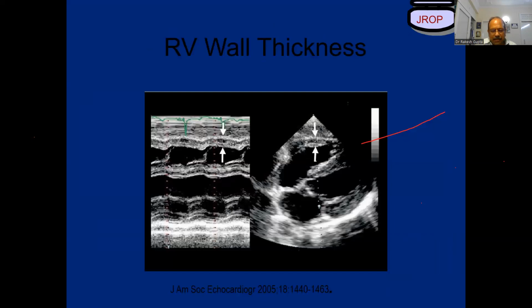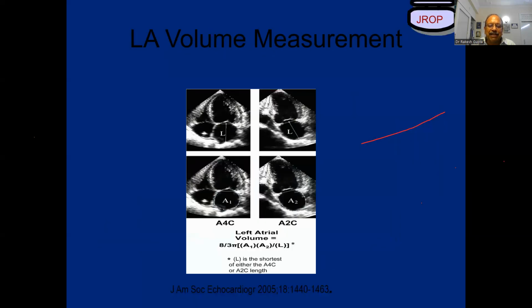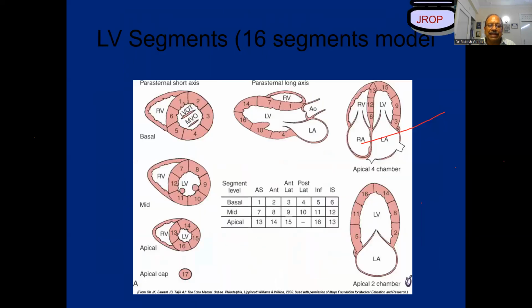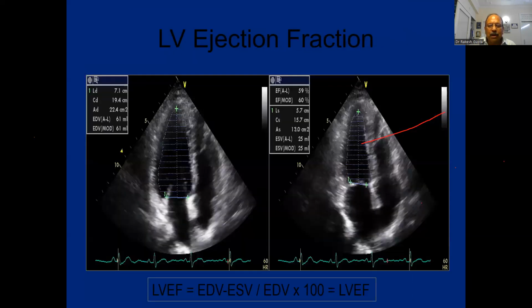RV wall thickness need not be done in every case, because whenever it is needed, you can do it. RV and RA dimensions, whenever you look at a patient who has a dilated RV and RA. Normal LV and LA would be something like this. You have a small RV and RA, a bullet-shaped LV and a triangular RV.